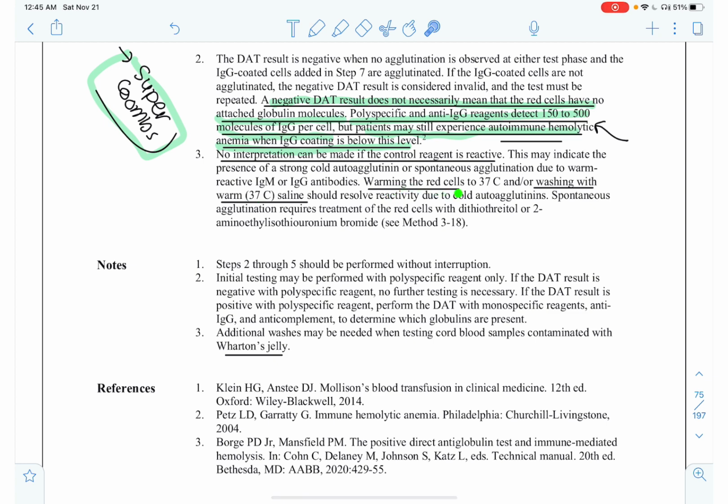So warming the red cells, washing with warm saline if you suspect a cold autoantibody, or even treating the cells with DTT or 2-ME. Also in the notes area, one of the limitations of this test is that cord blood samples may be contaminated with Wharton's jelly, which may cause confusing reactions, and so additional washes may be warranted.